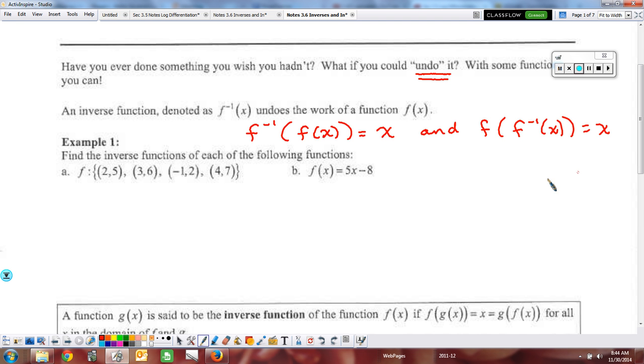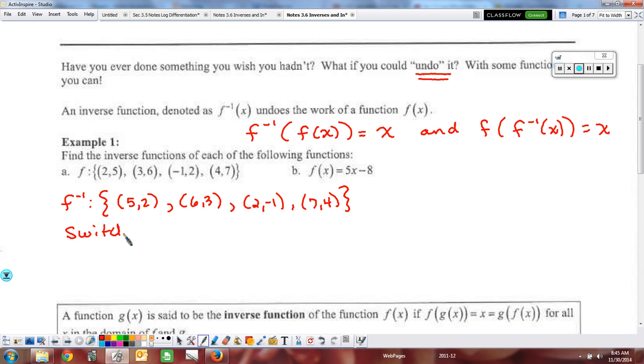All right, now of course not every function has an inverse function, only some of them do. Let's take a look. Simple case, if I wanted to find the inverse, and it's in the numerical notation with points, then I know the inverse of this would be (5, 2), (6, 3), (2, -1), and (7, 4). What an inverse does numerically to the points is it switches x and y.